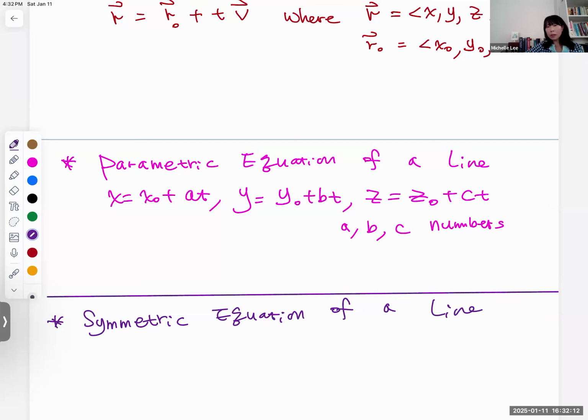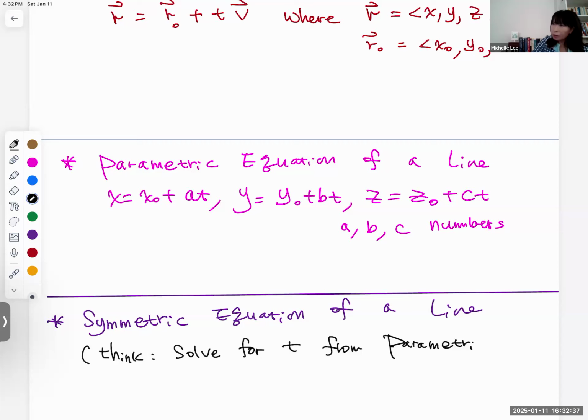This one is easier because we take the parametric equation and solve for t, but we don't write down t. Let me show you. Solve for t from the parametric equations. Let me denote the equations like that.